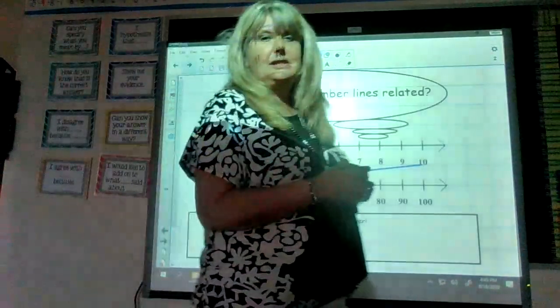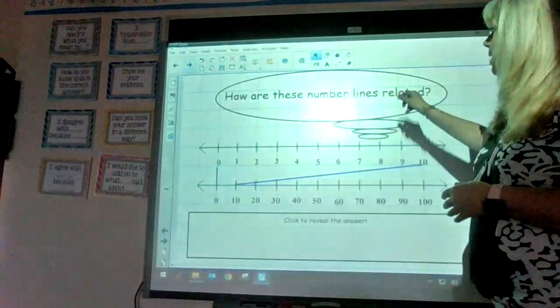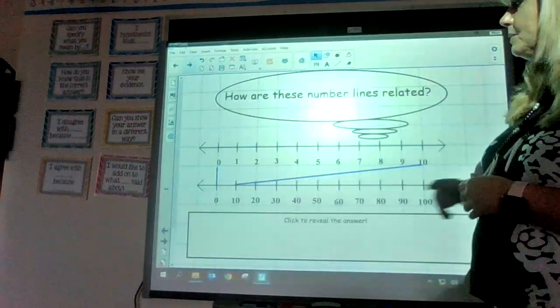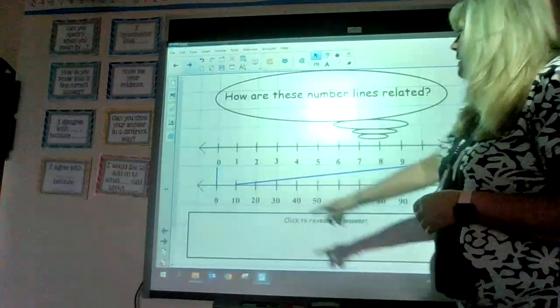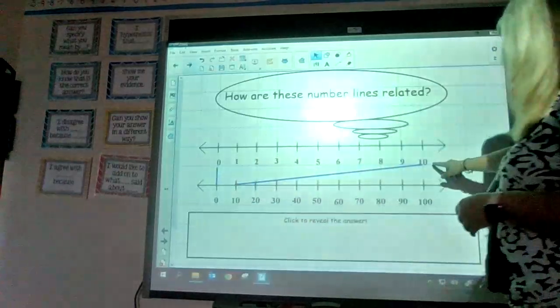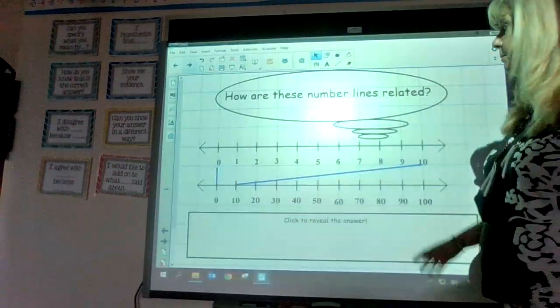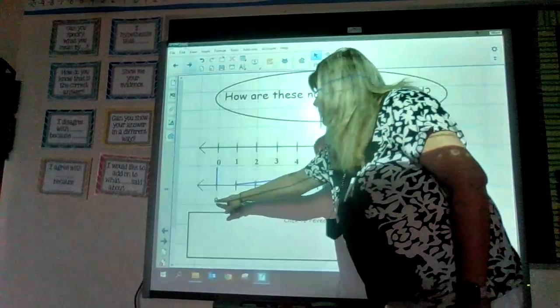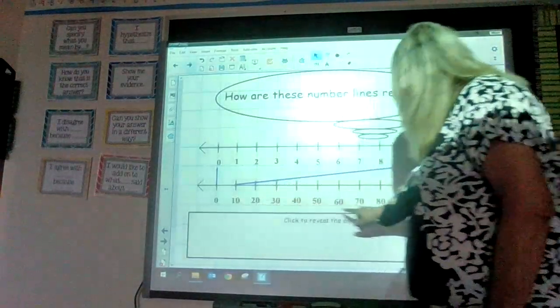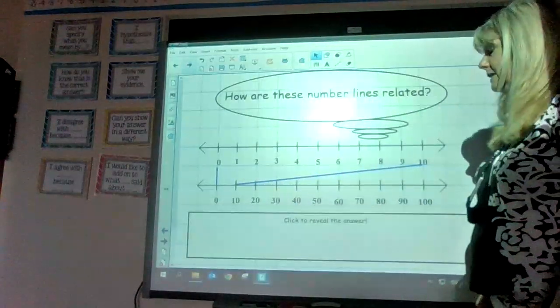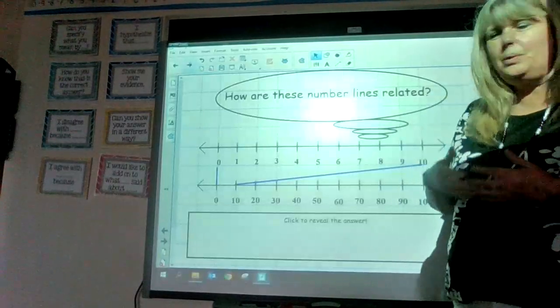Okay, let's look at this first slide. It says, how are these number lines related? Well, let's look at the first number line. It goes from 0 to 10. Then when you look at the next number line, it goes from 0 to 100. Now, let's think about that. What's going on here?